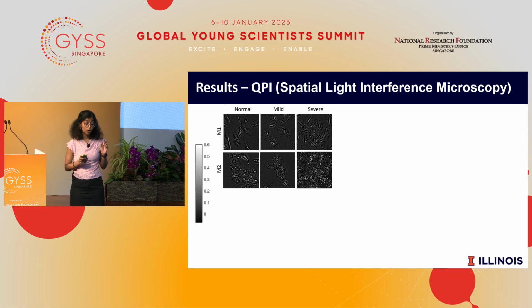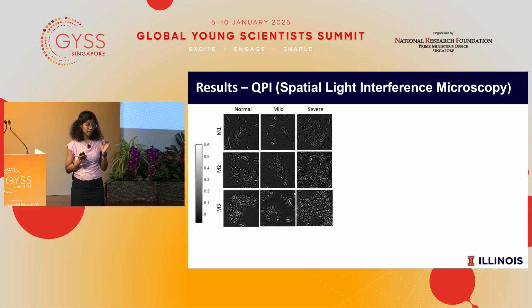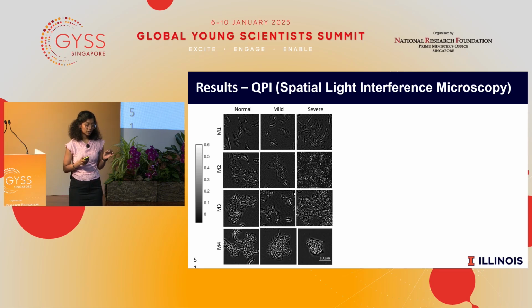As for M2, along with this morphological change, we also see the emergence of these lipid droplet-like structures, which are high refractive index droplets inside the sample. And in M3, we saw even higher upregulation of these lipid-like droplets. As for M4, we see that it already had a lot of lipid-like droplets, so there wasn't much of a change over time.